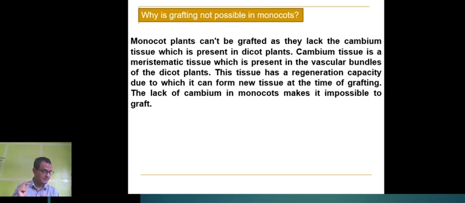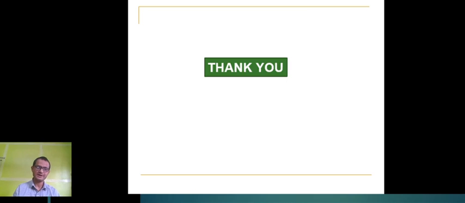Vascular bundles means the xylem and the phloem. So in or surrounding the vascular bundles, there is meristematic tissue. But in case of monocotyledonous plants, there is no such kind of tissue. That is why grafting is not possible in monocot plants. Okay, so you have to remember this answer for your board examinations.